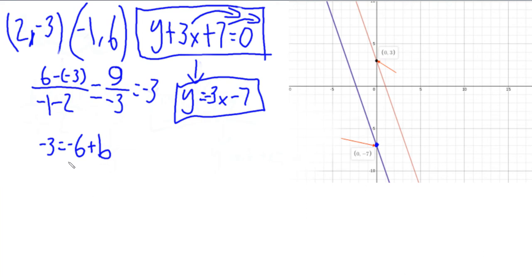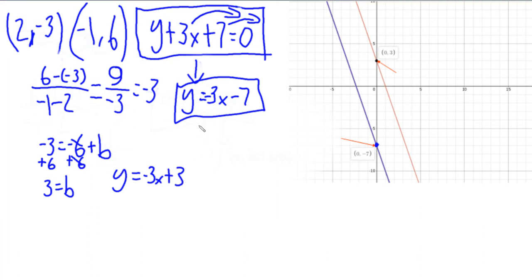If we add 6 to both sides, these two cancel, and you get 3 equals b. That's true, because if we put 3 in for b, we get 3 plus minus 6 equals minus 3. Now let's write out the y equals mx plus b formula: y equals our slope, minus 3, times x, plus 3, our y-intercept.